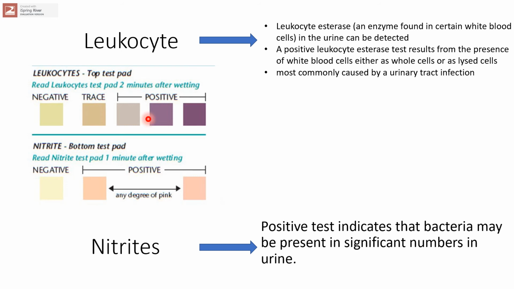And followed by the leukocyte and nitrite test, they usually use a spectrophotometer or a very sophisticated instrument to test for the presence of bacteria in the urine. Now, some other conditions that cause a positive test for leukocyte and nitrites can be nephritis, cystitis, which is the infection of the bladder, or any abdominal inflammation.